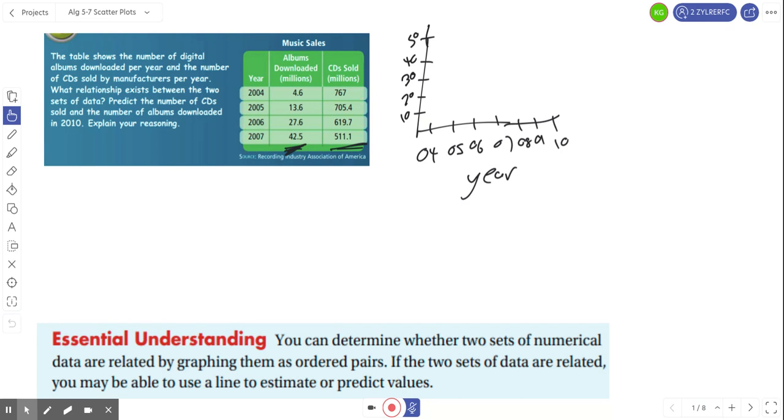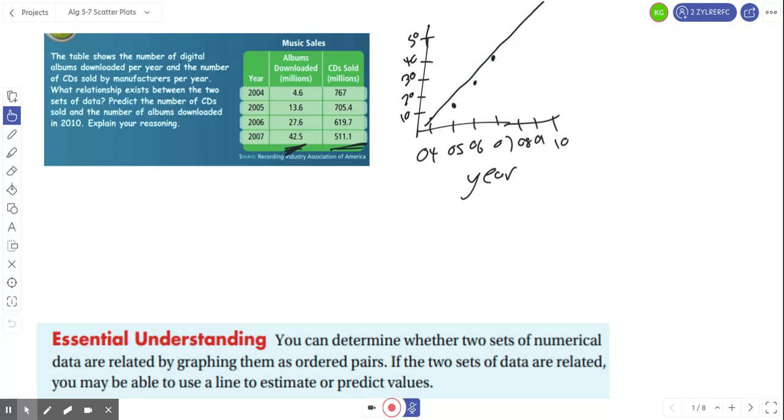Now I'm not trying to be super exact here, but 2004 is maybe there. 2005, 13 would be a little bit higher. 2006 would be 27, so maybe like there. 2007 is 42, which is maybe like there. And then if I look, these dots kind of make a line.